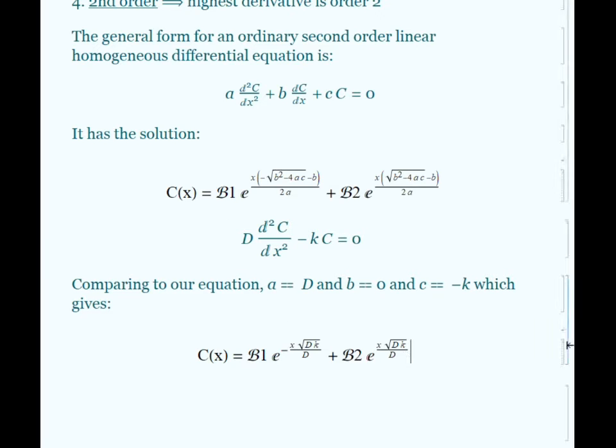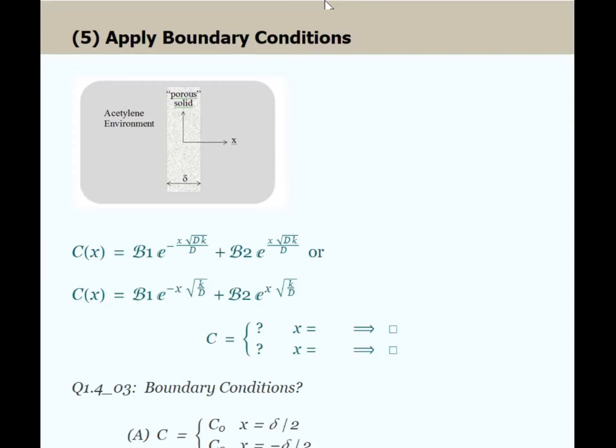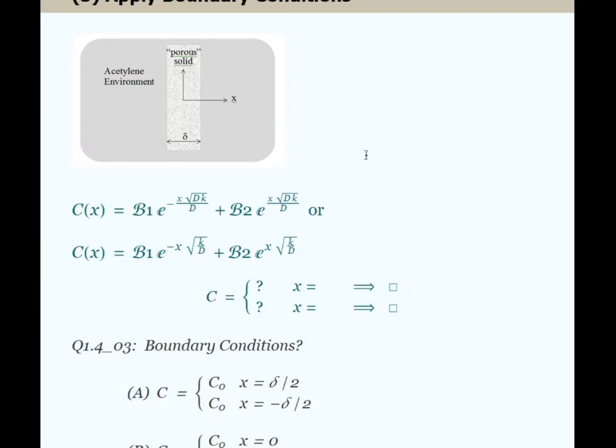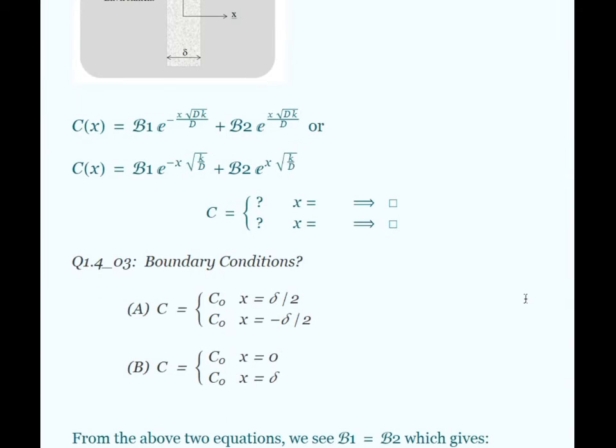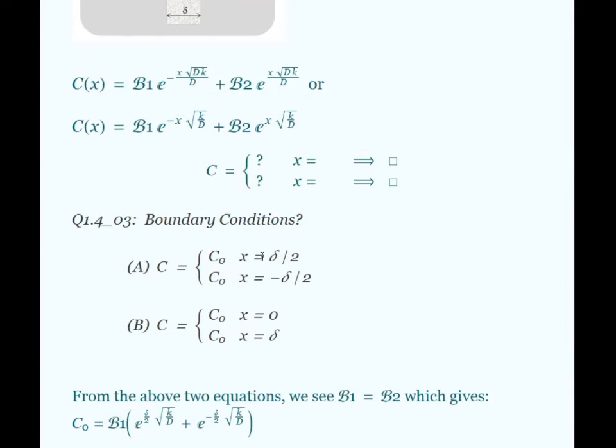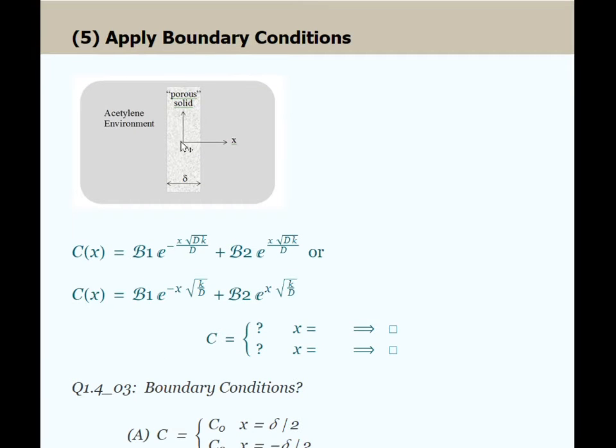Now what we've got to do is find our two coefficients, b1 and b2. So what we need then is the boundary conditions. Let's take a look again at our coordinate system.